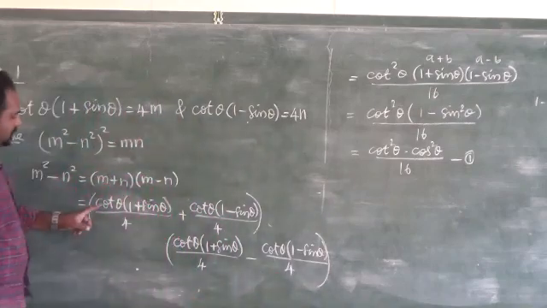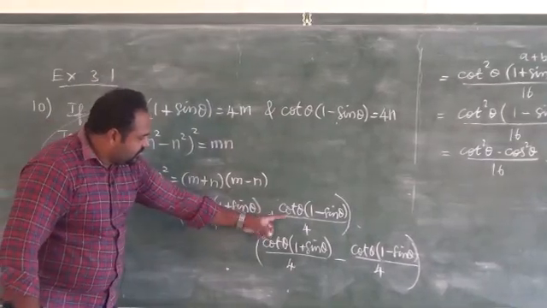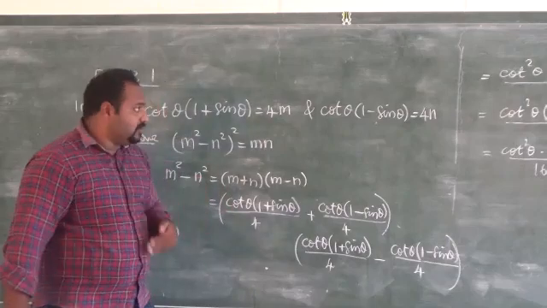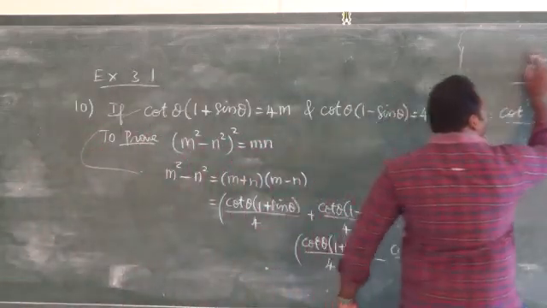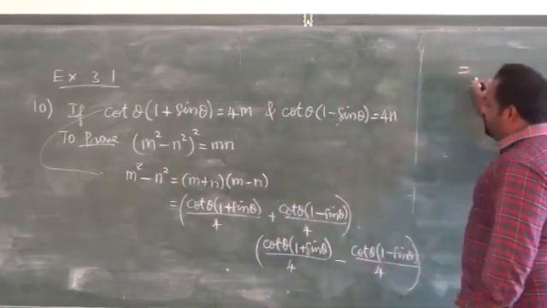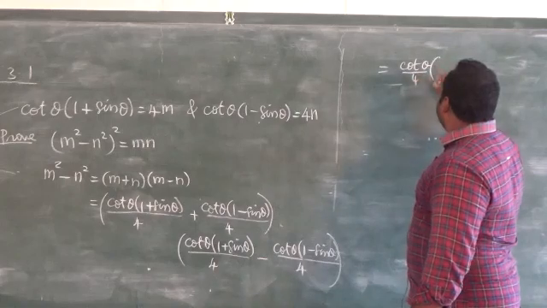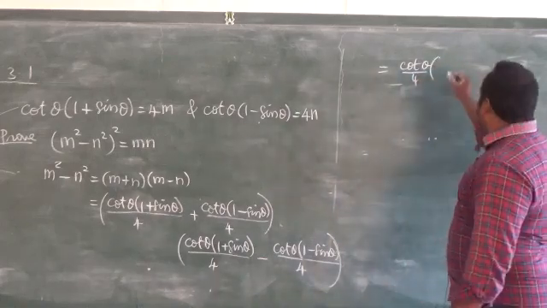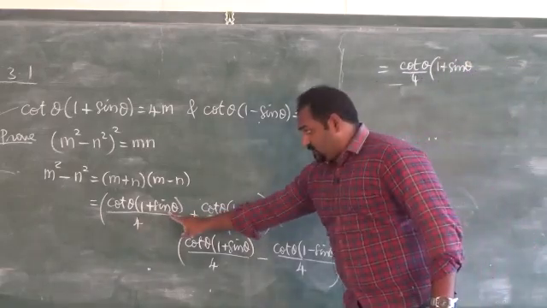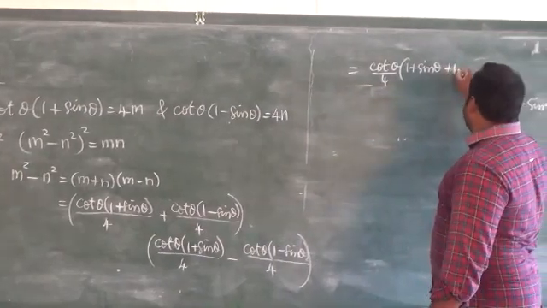Now in this we are going to add these two. Before adding, we can see cot theta by 4, cot theta by 4. Can we take it commonly outside? Yes, we can. In the first term, taking cot theta by 4 outside, the remaining is 1 plus sin theta from the first term plus 1 minus sin theta from the second term.